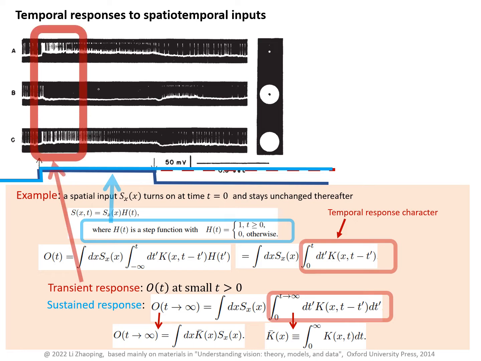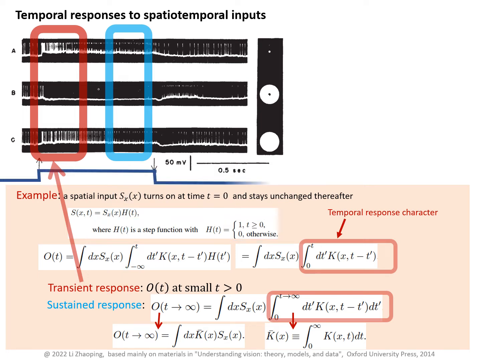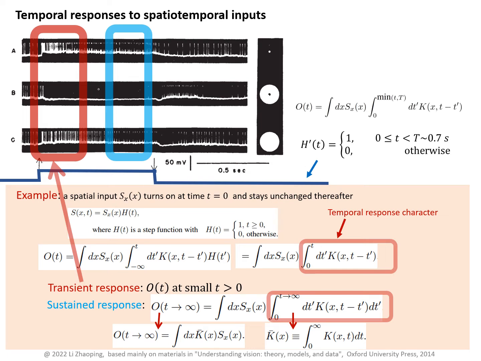So here are the transient responses, but these are more like the sustained responses. More precisely, this switching on and then off could be described by another temporal function written like this. Then this more general formula describes the response at any time t, whether it is before the switching off or after the switching off.